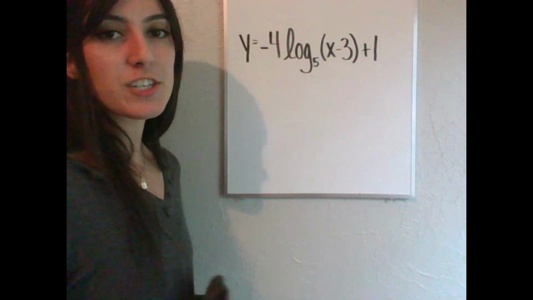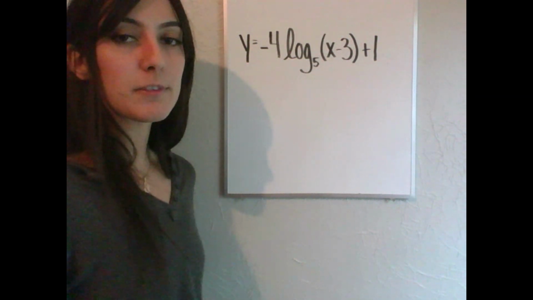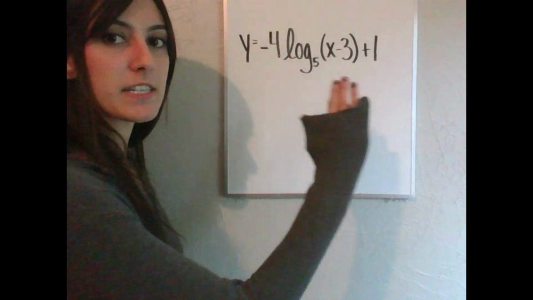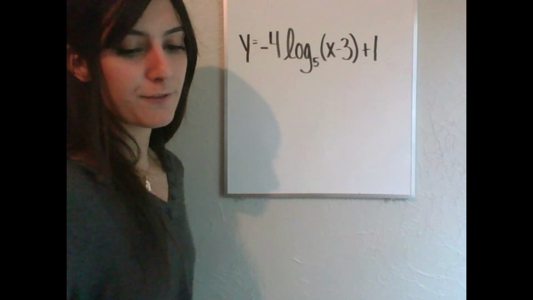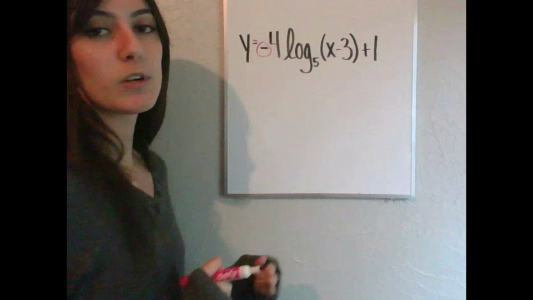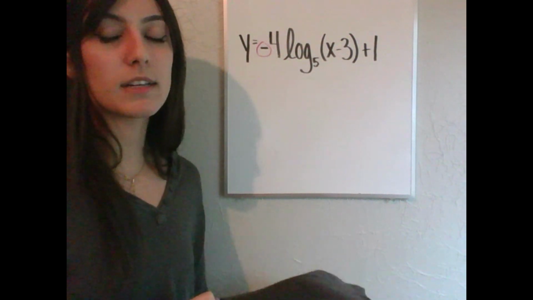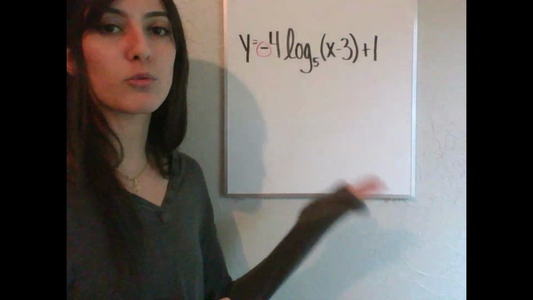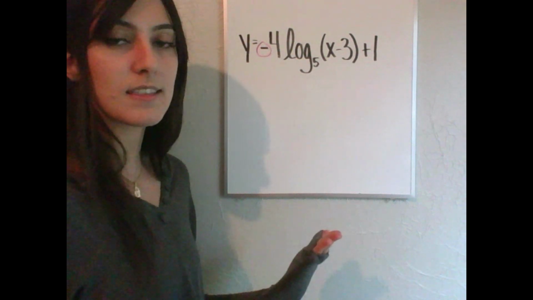In number 3, we're just asked to describe the transformations that would take place with this particular function. So let's first start with the fact that there's a negative out front, which would tell us that the graph will be reflected across the x-axis.